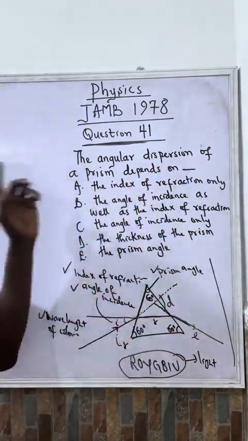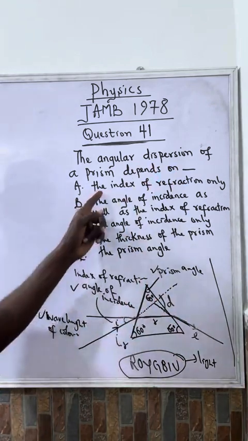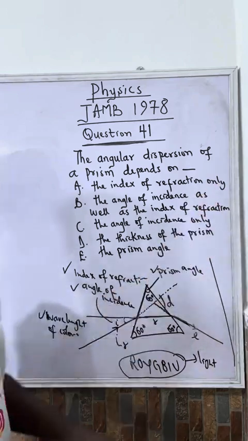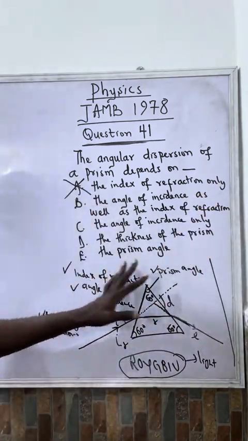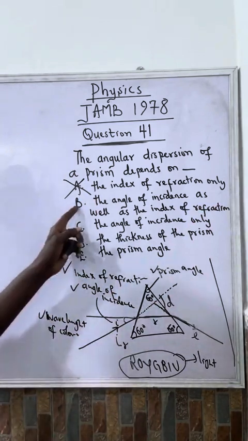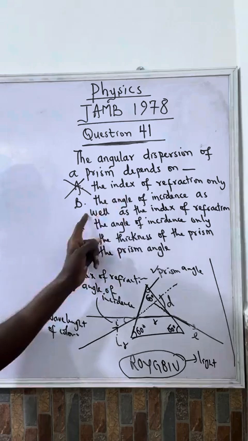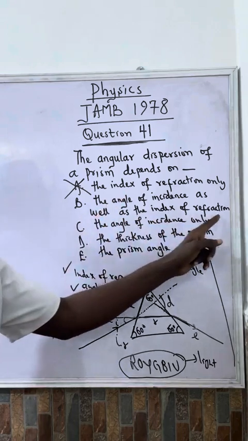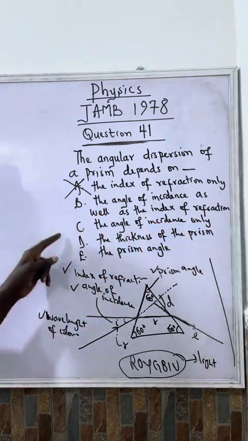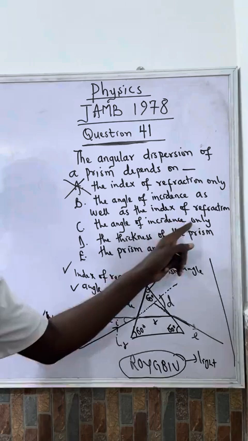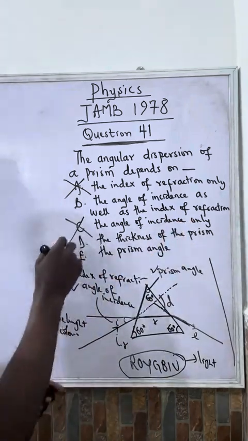Now, option A says the index of refraction only. This cannot be the answer because that's not the only thing. I have listed 4 things. Let's go for B: the angle of incidence as well as the index of refraction. Let's keep this answer, so we may come back to it. C: the angle of incidence only. This cannot be the answer.